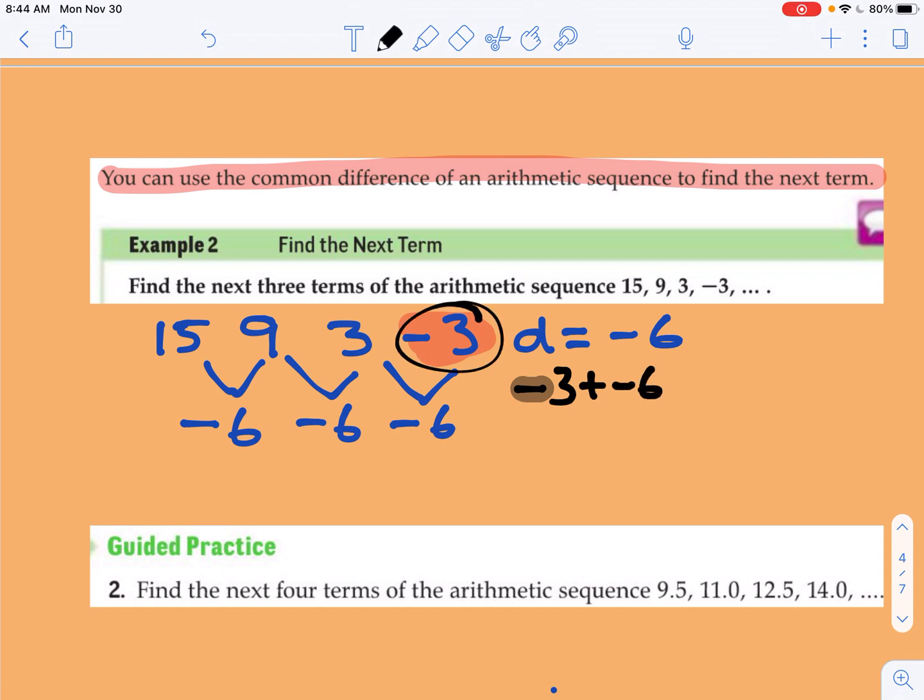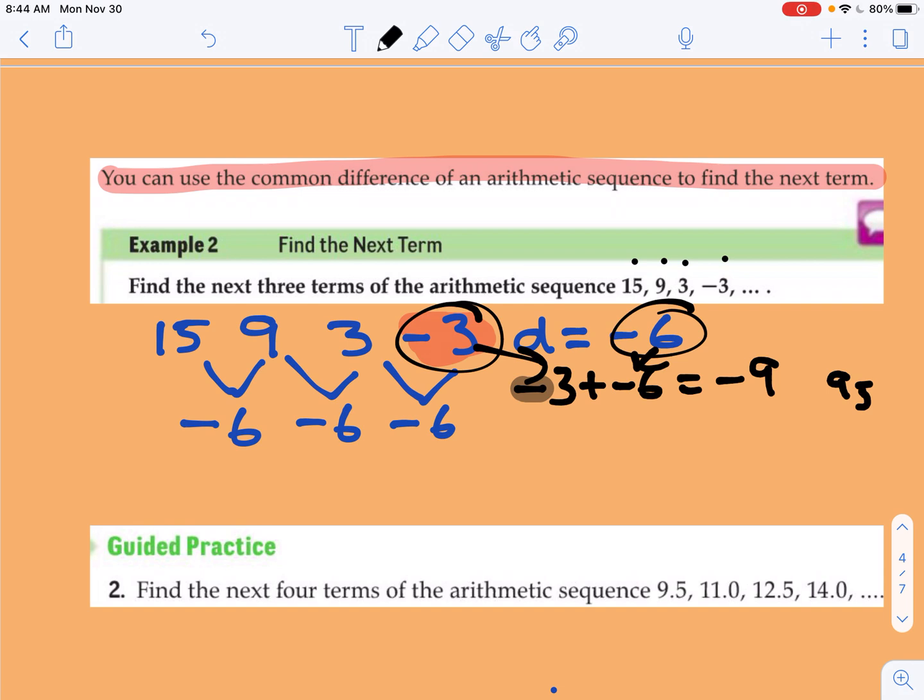So that was this term. Then you add your common difference to get your next term. So that would be my 5th term. You've got your 1st, 2nd, 3rd, 4th, so this we would call A5. And you'll learn the significance of the A later.